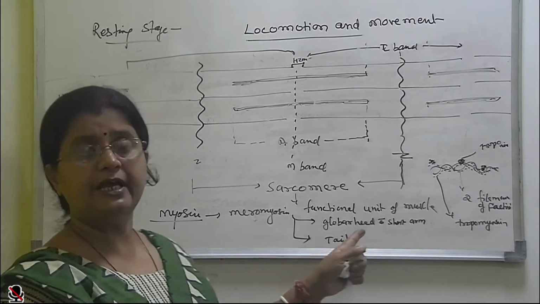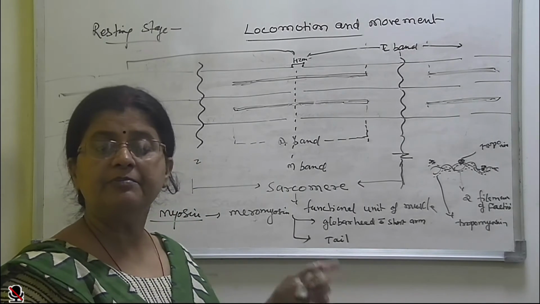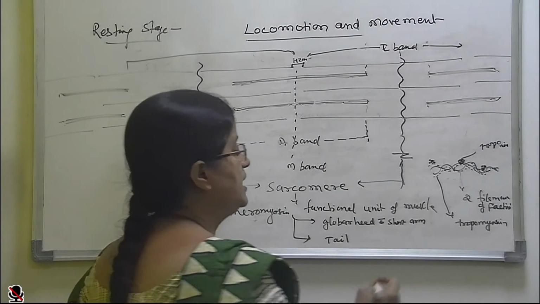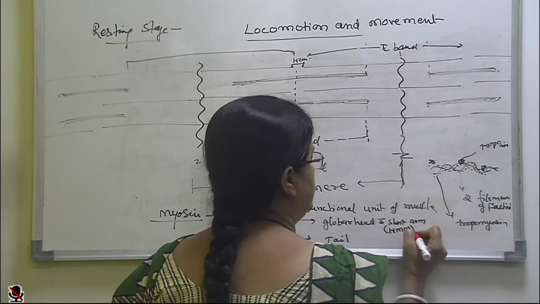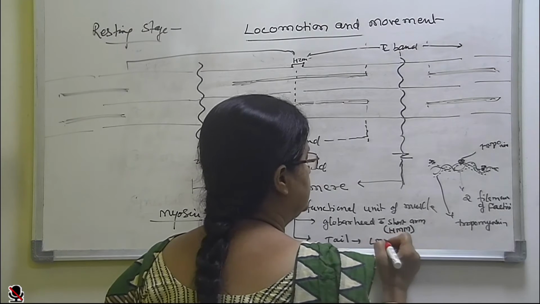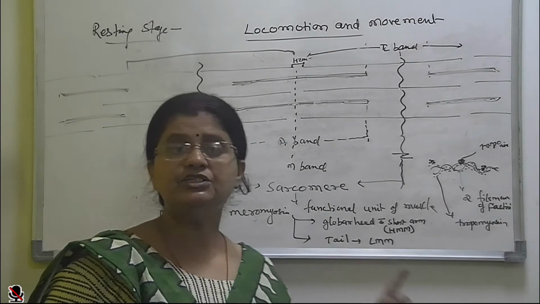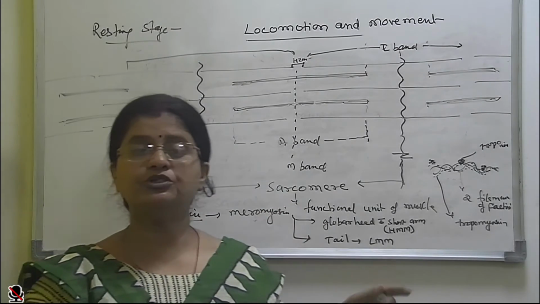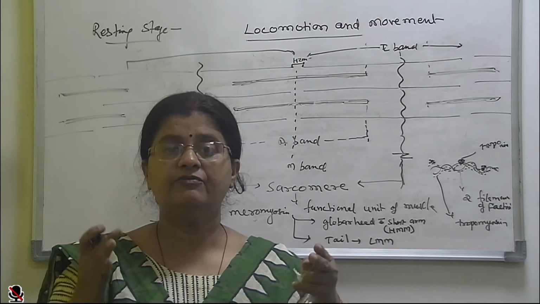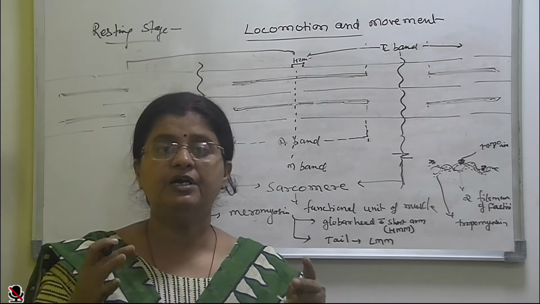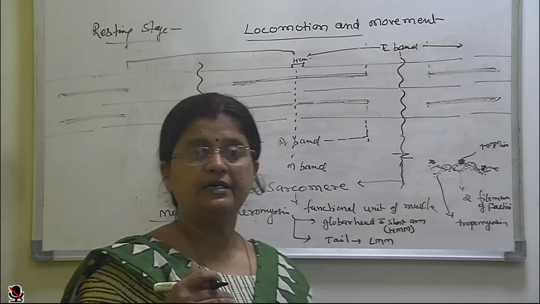Now, this globular head with the short arm is known as heavy meromyosin, that is HMM, and the tail is known as light meromyosin, right? Now, this head and short arm usually project outwards at regular distance, and the angle that they form with the meromyosin is actually known as the cross bridge, right?